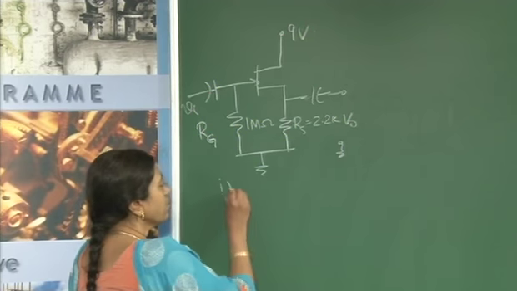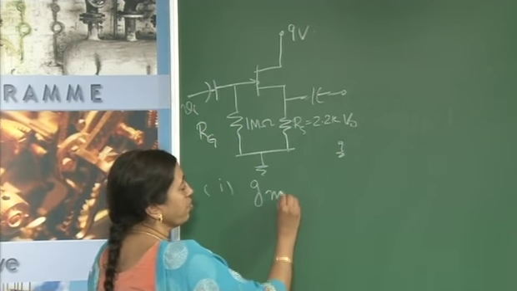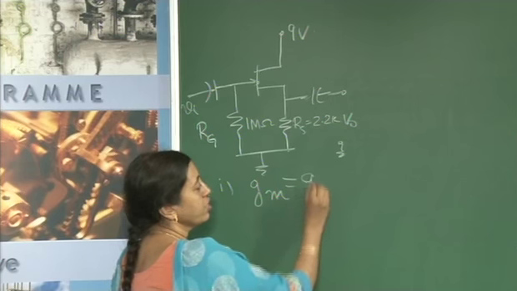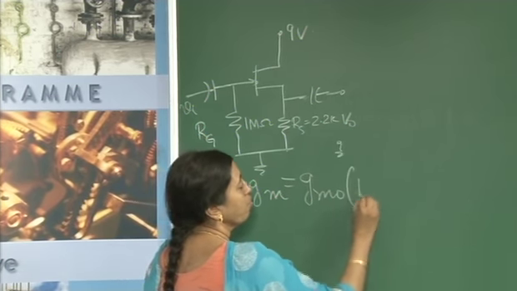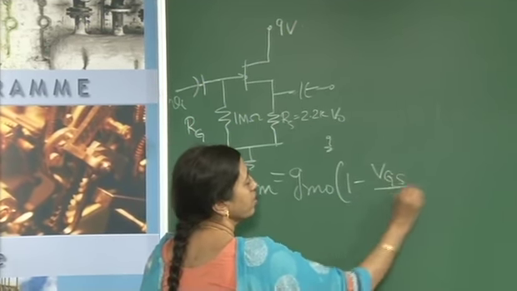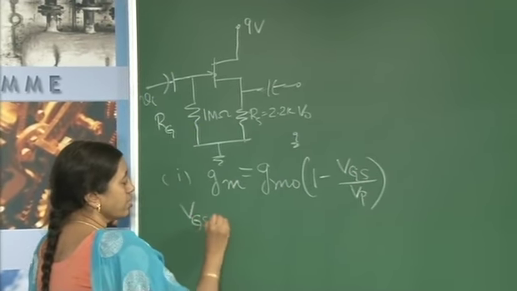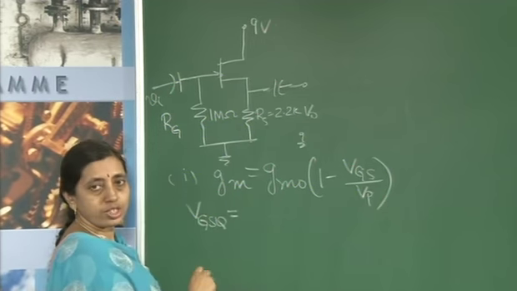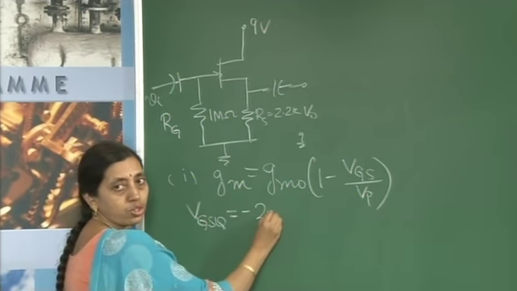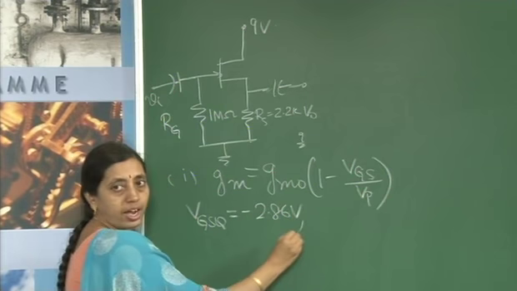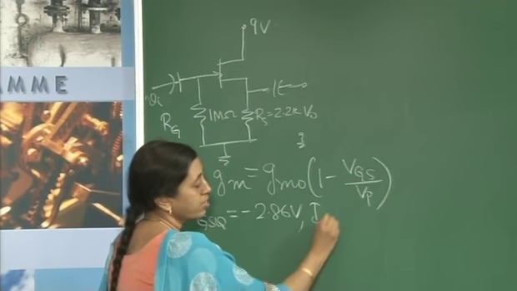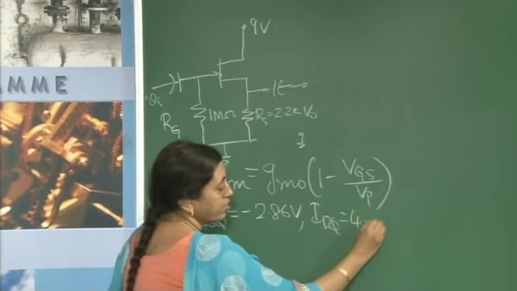So, first thing is we need to find out gm. gm is given by gm0 into 1 minus VGS divided by VP. Now, VGSQ is given to be minus 2.86 volts, and IDQ is 4.56 milliamperes.